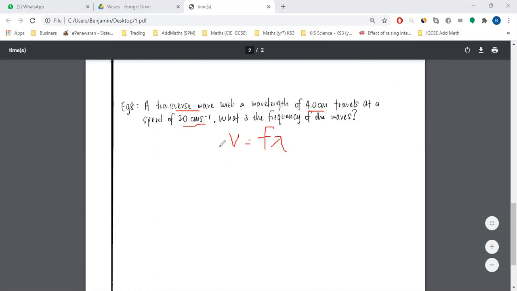V is 20 cm per second, so I put in 20 equals F lambda. I can just use 4 cm because it is in cm per second. So F equals 5 hertz. That's it for this one.